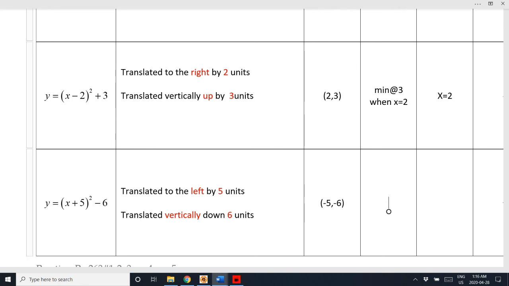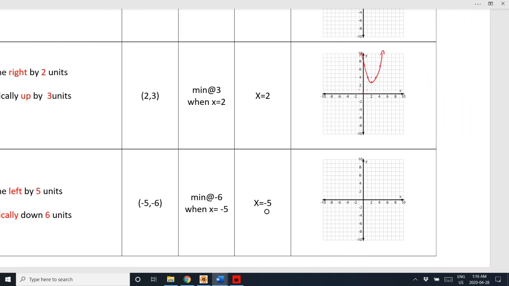Then we can say that's a minimum still, a is positive, at -6 when x is equal to -5. And that means our axis of symmetry is equal to h, which is x is equal to -5. And let's finish this graph off.